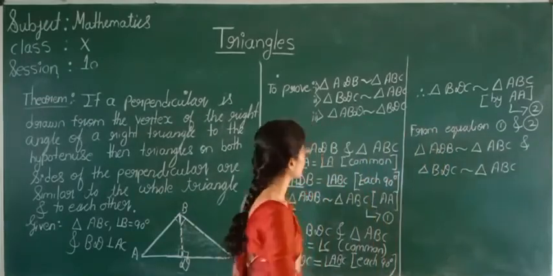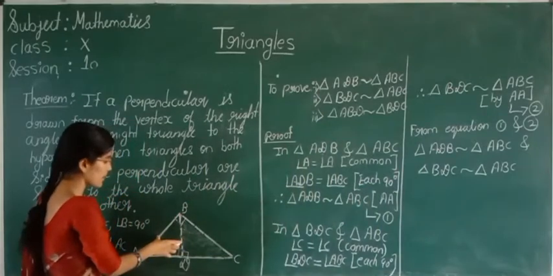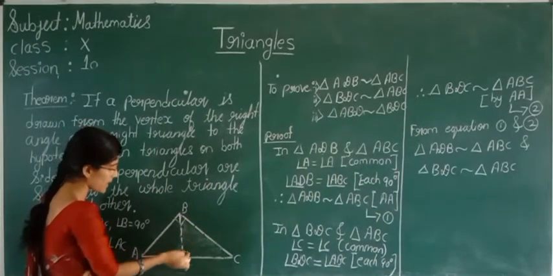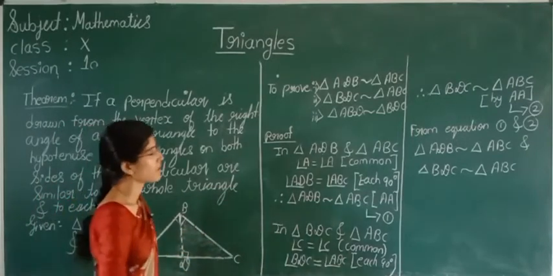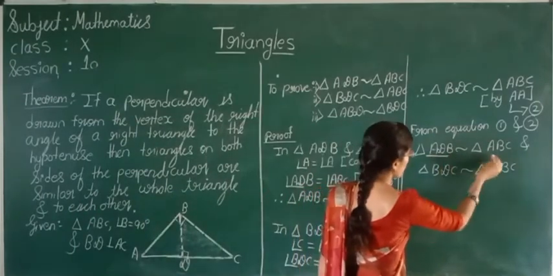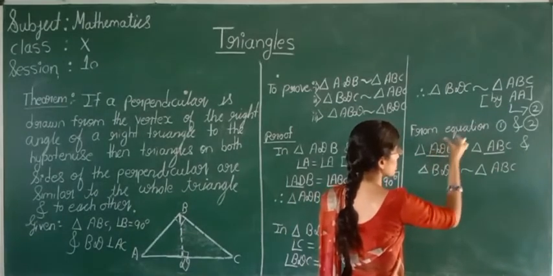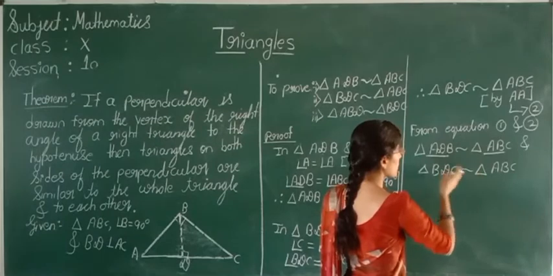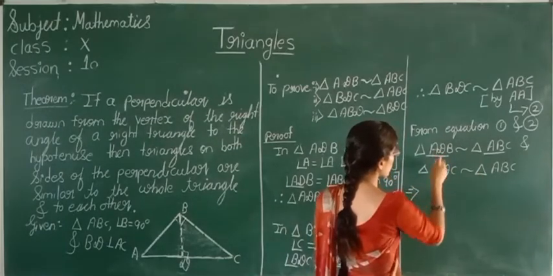Okay, now we got the first two, right? This small triangle is similar to the bigger triangle, and again this small triangle, that is BDC, is similar to triangle ABC. Now see here, if one triangle is similar to another triangle, and that other triangle is similar to one more triangle, definitely we can tell that these two triangles are similar.